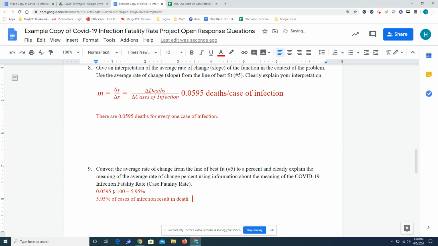right? But what does that 5.95% mean? Well, remember, 5.95 is out of 100. So for every 100 cases of infection, 5.95 people die.